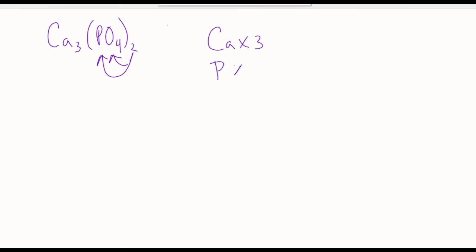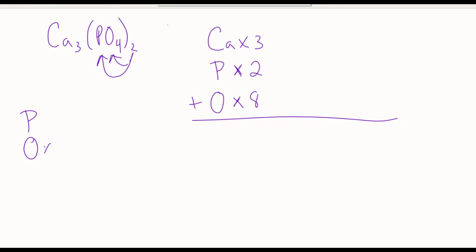That means we're going to have 2 phosphoruses, and that 2 gets multiplied by the 4, so we're going to have 8 oxygens. Another way you could look at this, some people like to find the PO4 first and do that separately. And then when you get that final answer, multiply that whole thing by 2. Those are both valid methods of doing this.